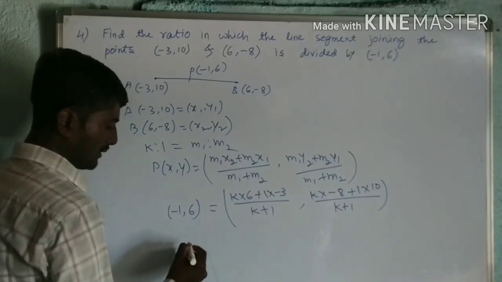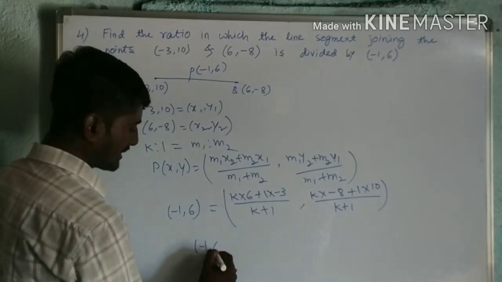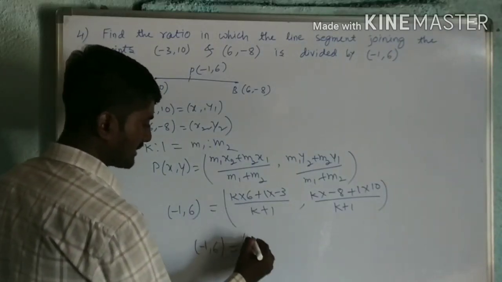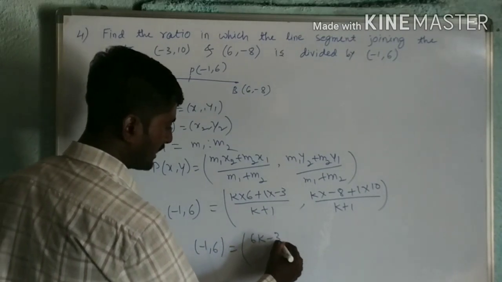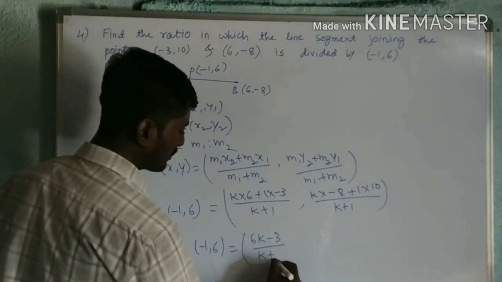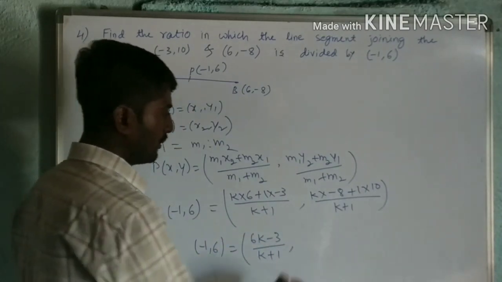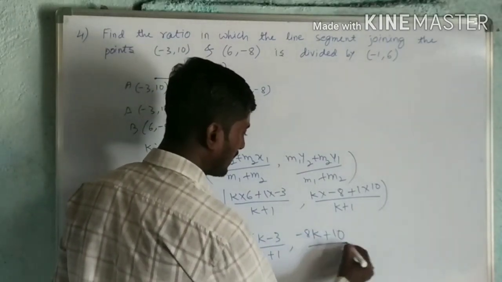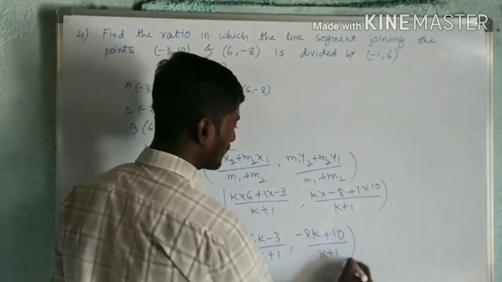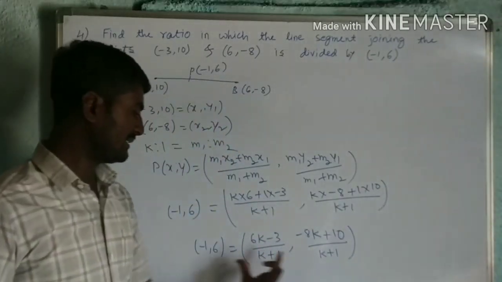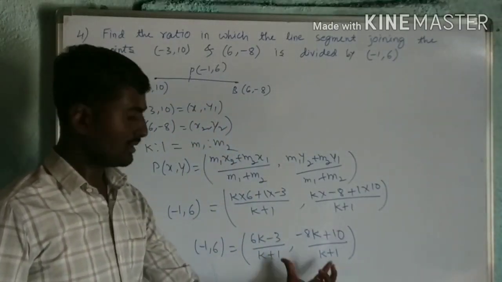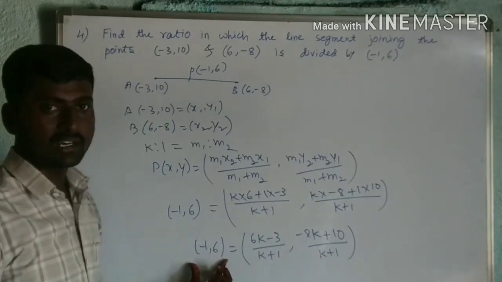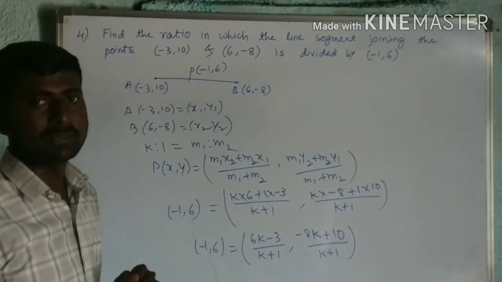Now this is (-1, 6) equal to ((6k - 3) divided by (k + 1), (-8k + 10) divided by (k + 1)). We can call these ordered pairs. This is one ordered pair and this is another ordered pair.